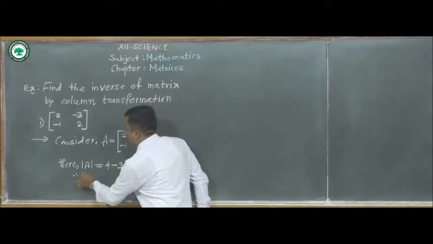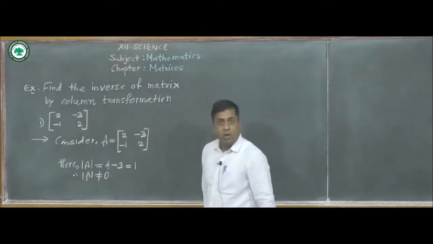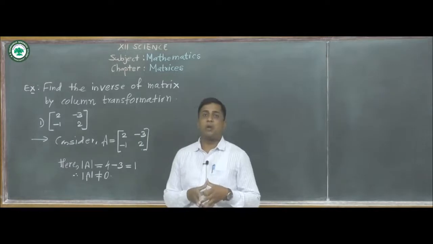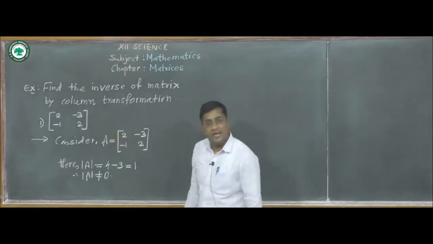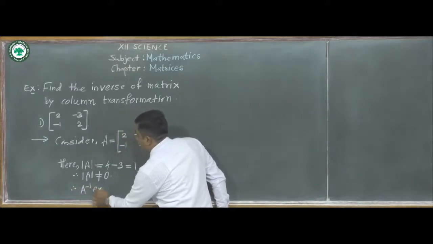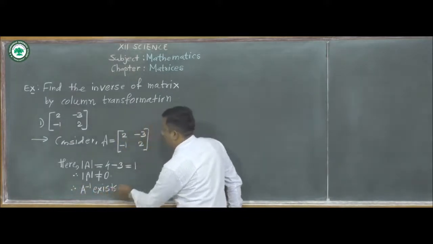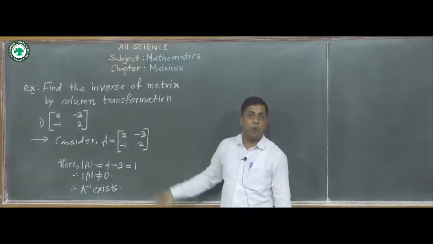Here determinant of A is not equal to 0. We know if determinant of A is not equal to 0, then the inverse of the given matrix A exists. So I write, therefore A inverse exists. Now we have to find the inverse by using column transformation.